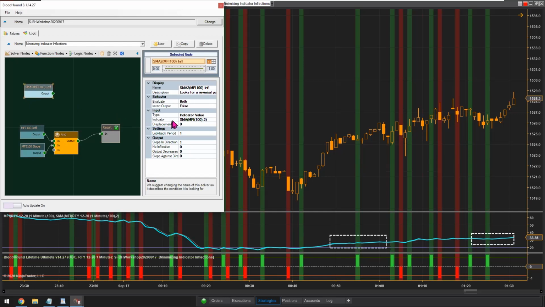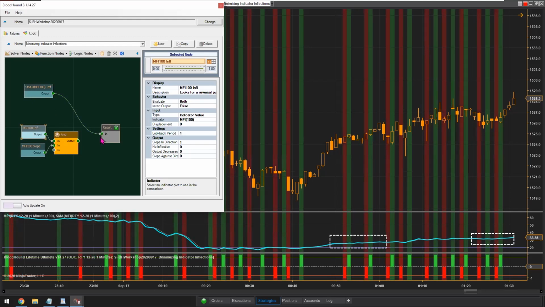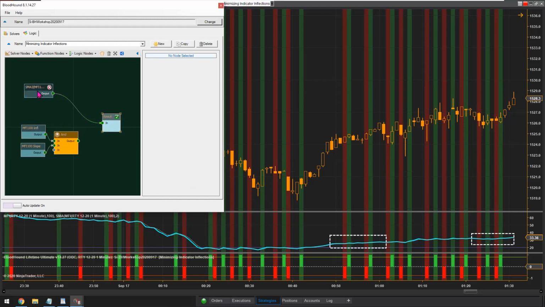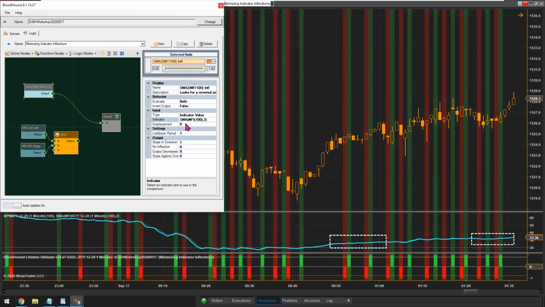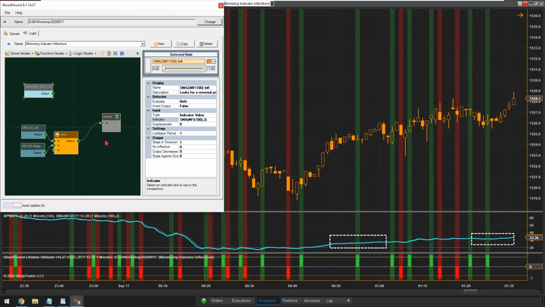Do you want to use some kind of moving average and smooth out your indicator, or do you want to use a slope solver to filter out some of the inflection points? So if we look at this, we can actually see there's a big difference here. The smoothing didn't quite remove all that many. The slope solvers seem to work a little better.